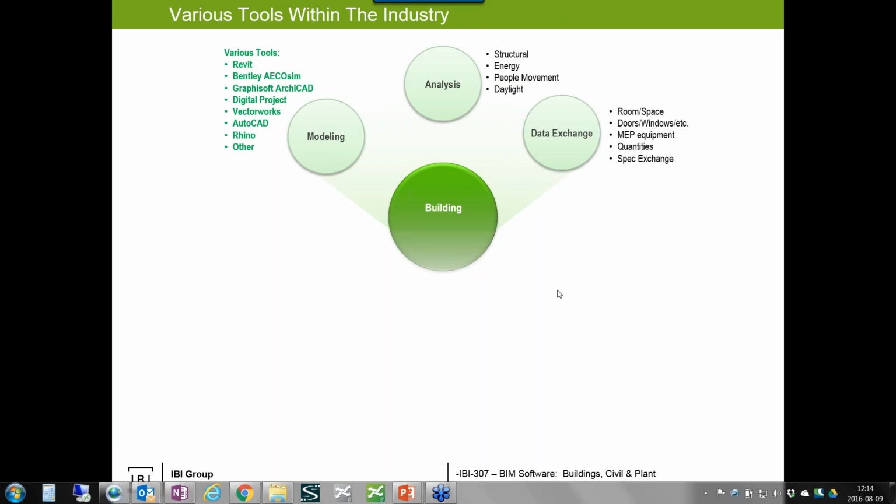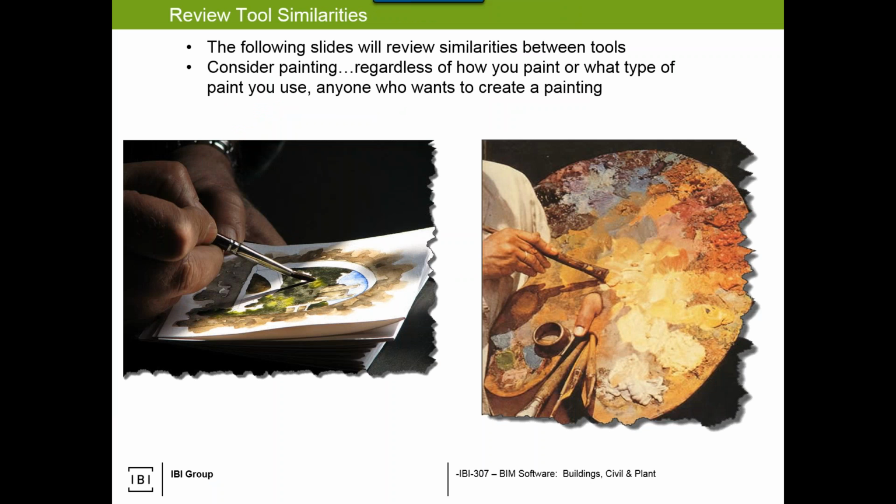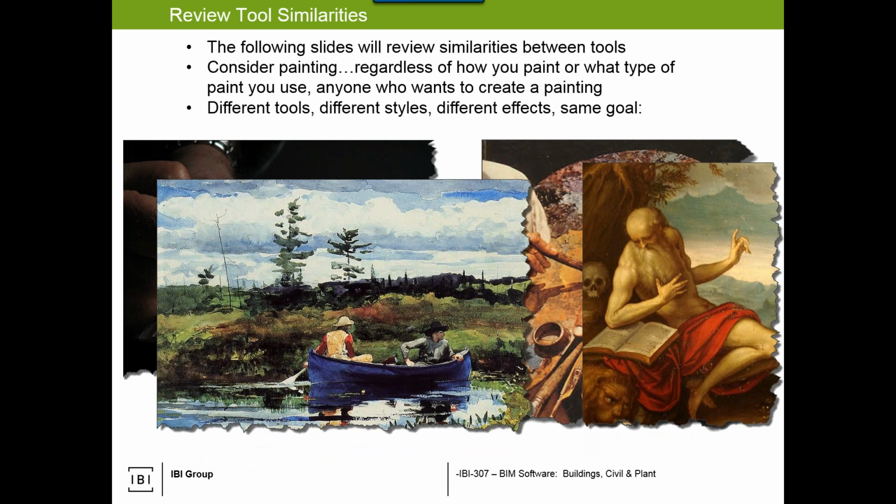Good, okay. So what we're going to talk about, what I figured for the building is, I want to just show some of the similarities. Because oftentimes when I look at building tools, and any of these BIM authoring tools, they're often what I describe, they're doing the same thing with a different essence, if you will. So looking at painting here, oil versus a watercolor, at the end of the day, 2 different medium, 2 different approaches.